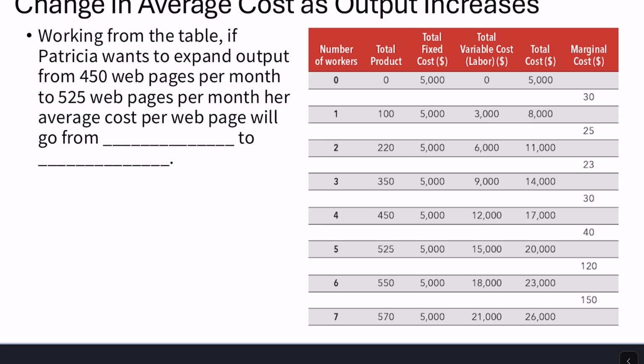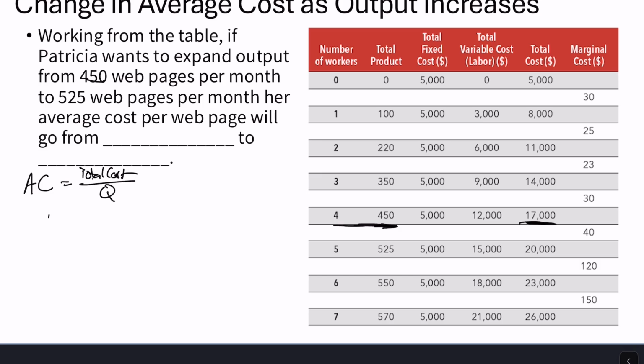Great. Average cost, or AC for short, will be equal to total cost divided by output quantity, or total product, whatever you want to call it. And so if we're going to produce 450, we're working off this line here. Our total cost is 17,000. Our output is 450.